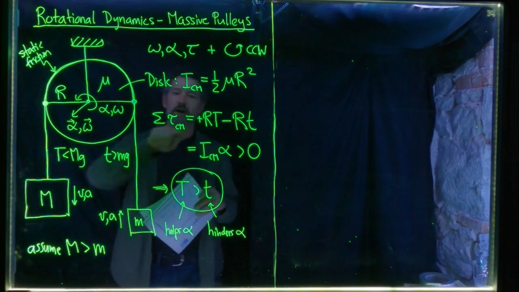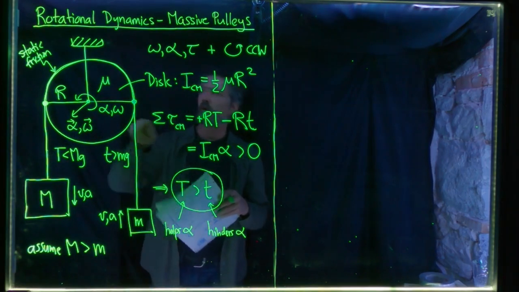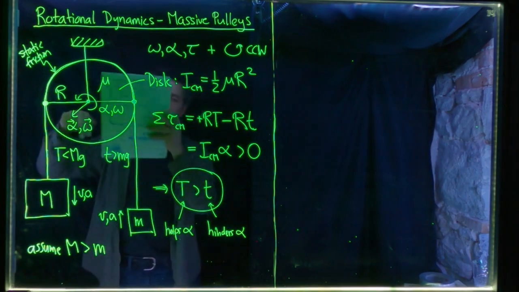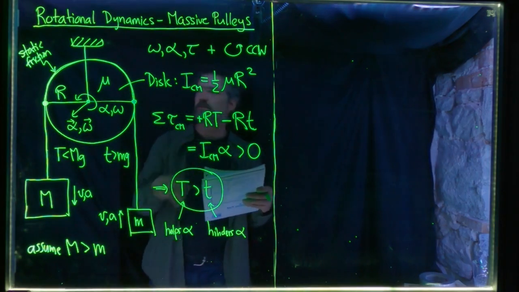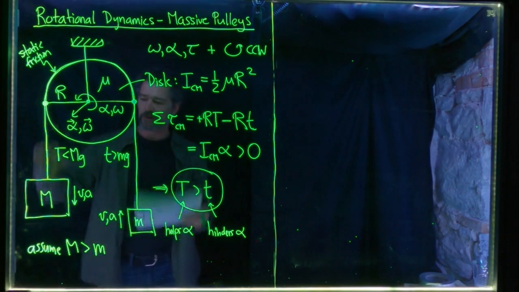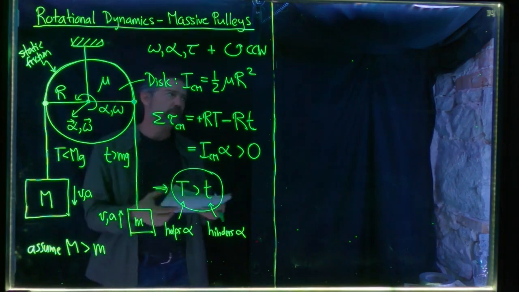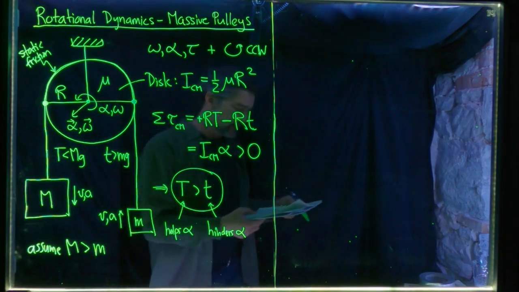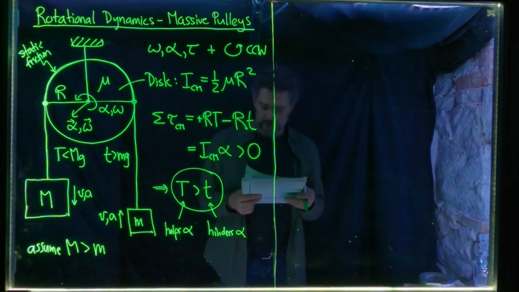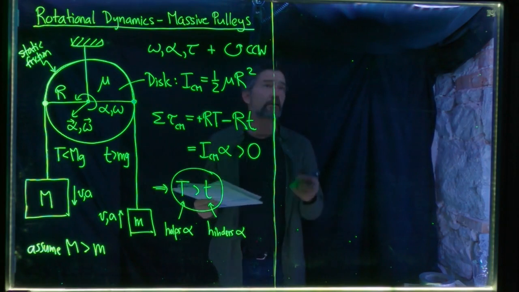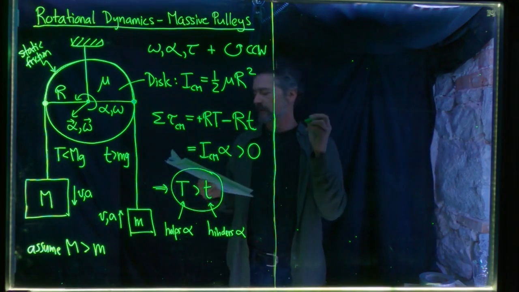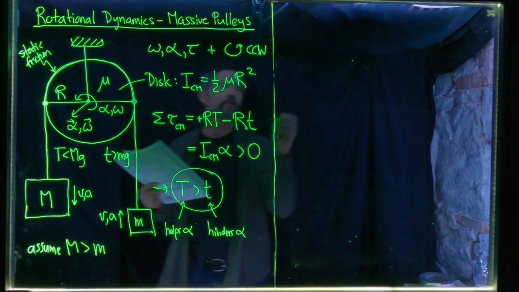So we need to add up the net torque on that object in rotation and set that equal to the moment of inertia times the angular acceleration. So we have linear acceleration and angular acceleration in our problem. And so we have three objects in motion undergoing some dynamics, and so we need to draw three free body diagrams. Okay, so the free body diagram for big M is really easy.